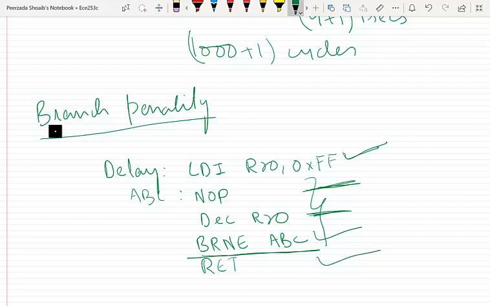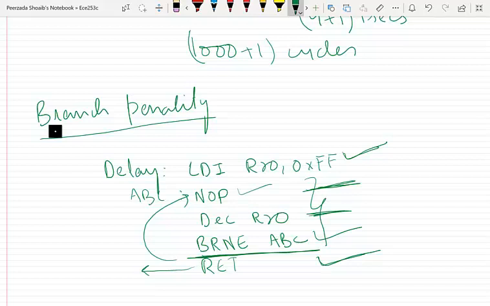But after executing the branch instruction, if R20 has not reached 0 yet, the processor will come to know that RET was not the next instruction to be executed, but the next instruction was this NOP, because the program is not sequential here. There's a decision. Since the RET will already have been fetched by the processor, it has to flush it out and fetch NOP again. So that means pipelining will not work here.